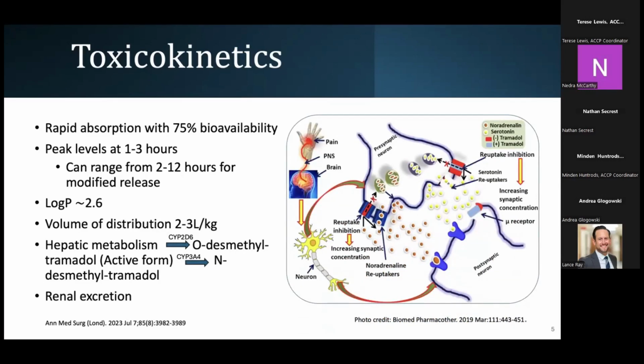Tramadol has a dual action. It exerts its effect on the mu receptors, and it also prevents the reuptake of serotonin and noradrenaline. This causes a downregulation or disinhibition of the pain receptors to help counteract pain.